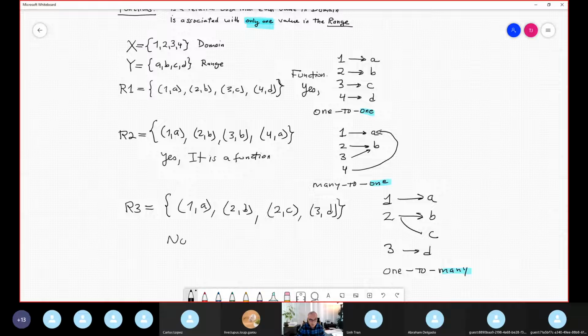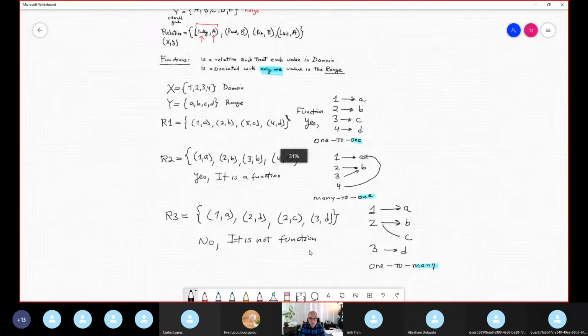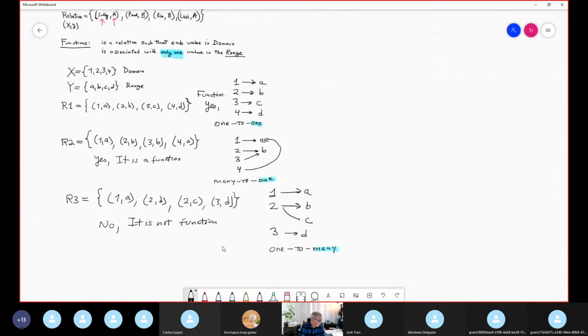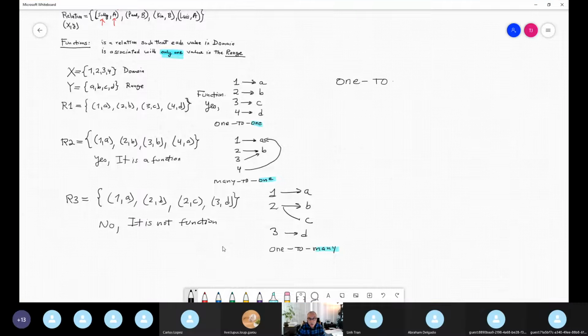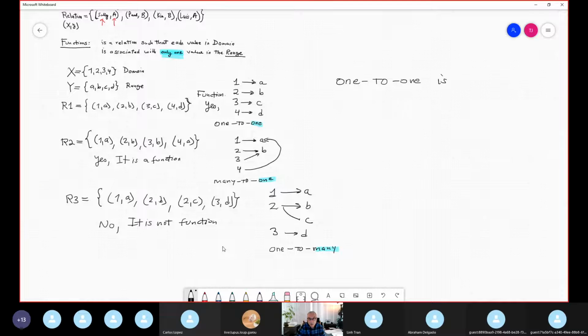So no, it is not a function. Okay, in conclusion, when you analyze the possibility of a function in a relation, you keep in mind that one-to-one is okay. Many-to-one is also okay.